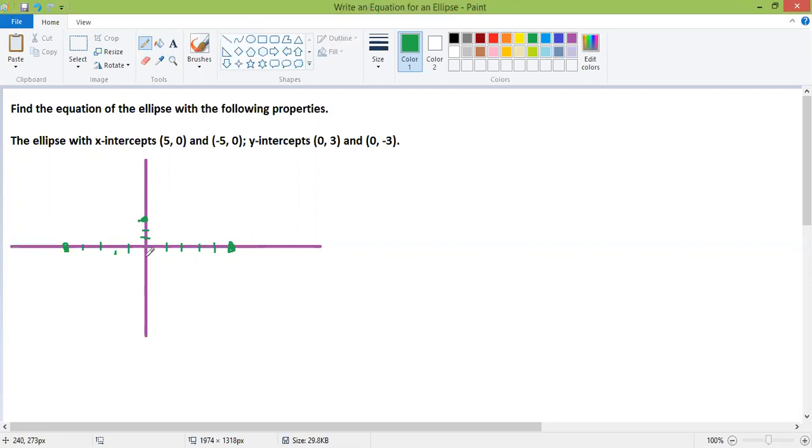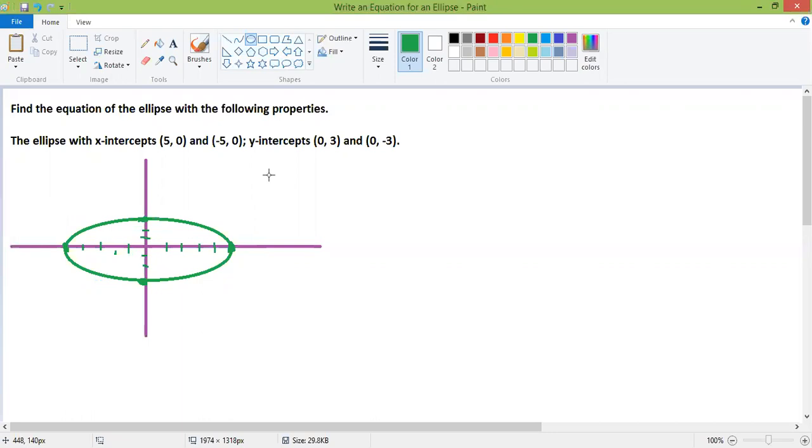And then it's (0, -3), so we're going to go down 3 from the center. So then when I draw this ellipse, I'm going to try to get it through these points as nicely as possible. There we go. That's my ellipse, okay?